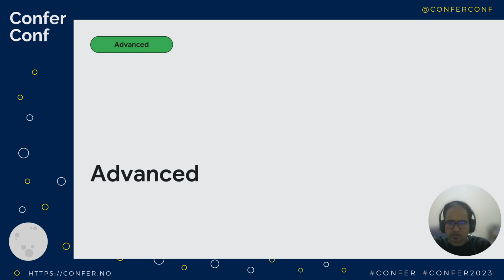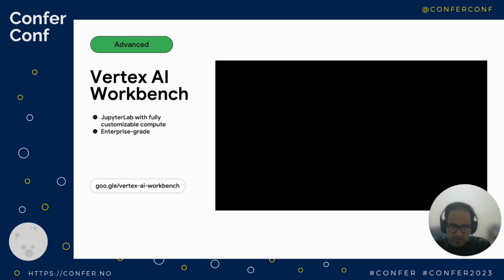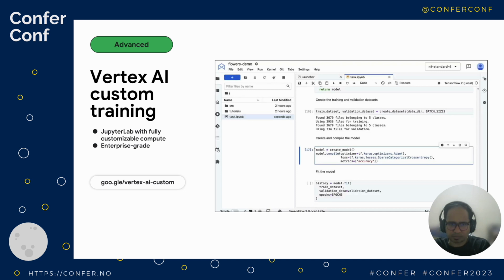Let's look at some of the advanced tools which are available. Vertex AI Workbench is a JupyterLab with fully customizable compute, where you can attach it to any of the GPU backends, and it is an enterprise-grade application. Vertex AI Custom Training allows you to have the same JupyterLab and have enterprise-grade training available there, where you can do anything you want, export that model, export that as an API.